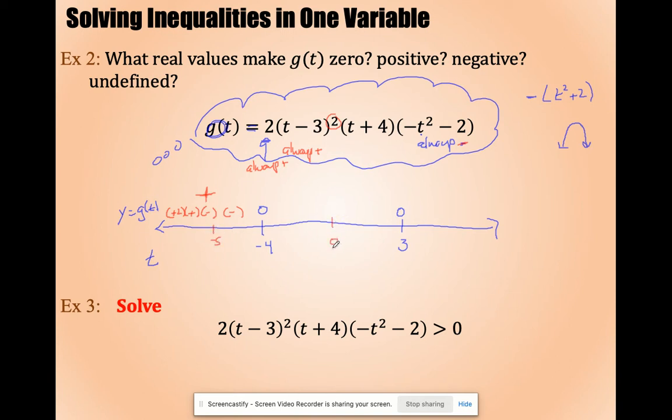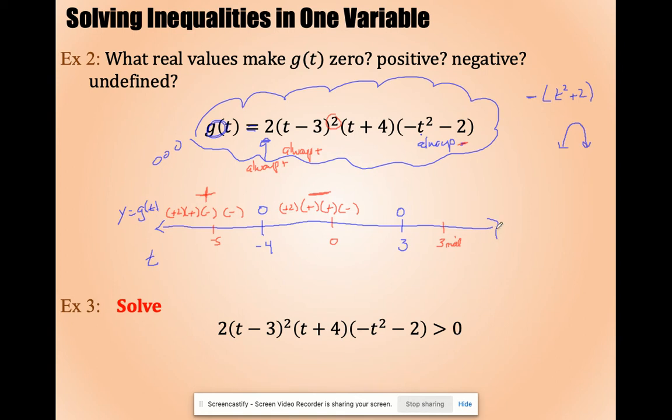Repeat. Pick something in here, like 0. +2 times something that is always positive times 0 plus 4, which is positive, times something that is always negative. What is that? A positive times a positive times a positive times a negative? A big fat negative. How about something above 3, like 3 million? I mean, you don't really have to choose 3 million.